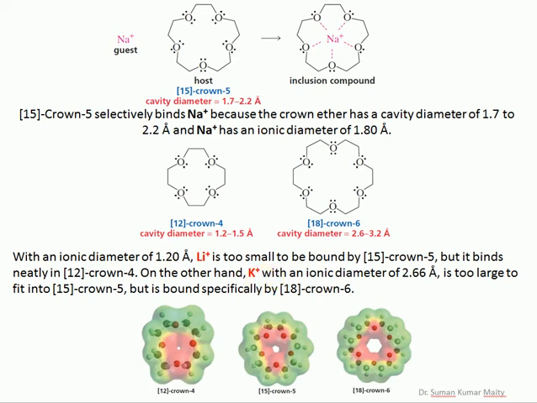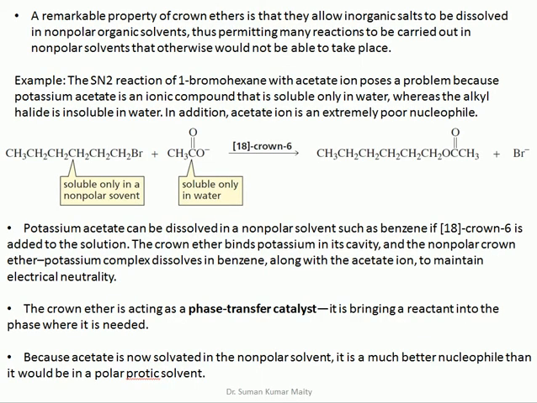Okay, now we will see how crown ether works as a phase transfer catalyst. The remarkable property of crown ethers is that they allow inorganic salts to be dissolved in nonpolar organic solvents, as we discussed about the other phase transfer catalyst, tetrabutylammonium salts, thus permitting many reactions to be carried out in nonpolar solvents that otherwise would not be possible.